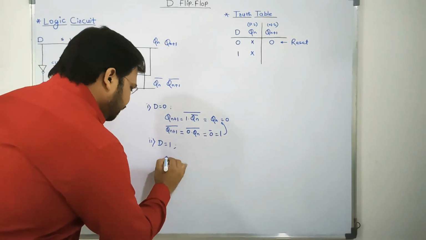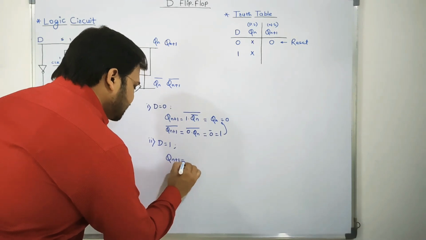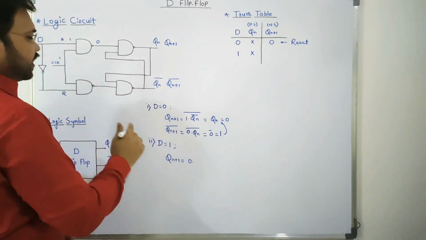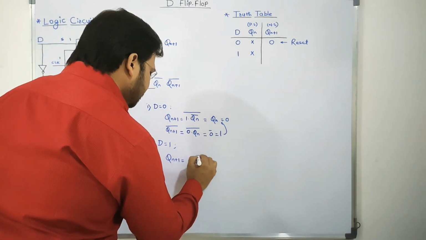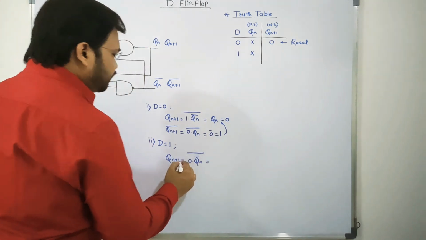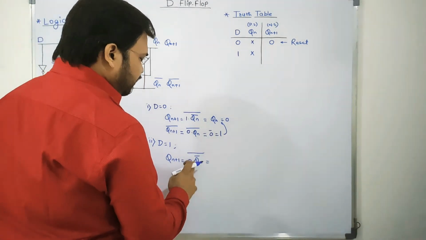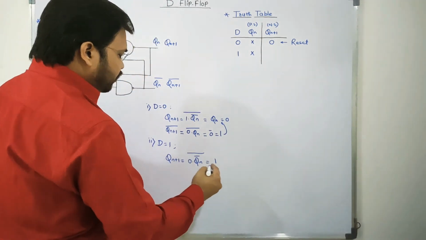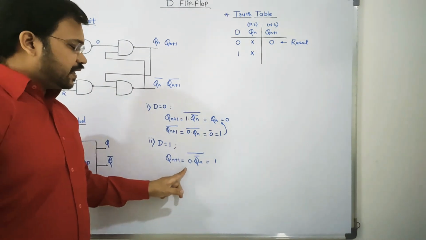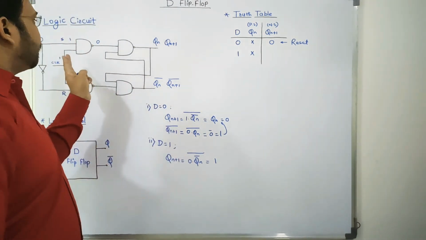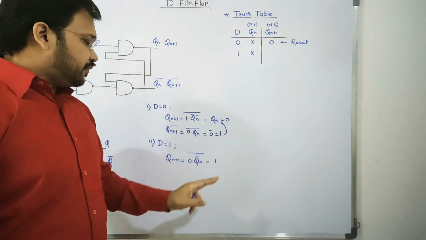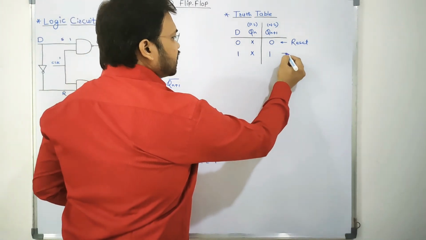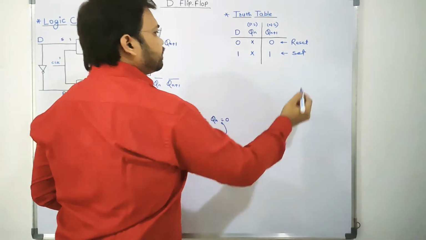Again we find the value of Qn plus 1, which is 0 into Qn bar, whole bar. 0 into anything is 0, and the bar of that is 1. So Qn plus 1 equals 1. This condition is the set condition.